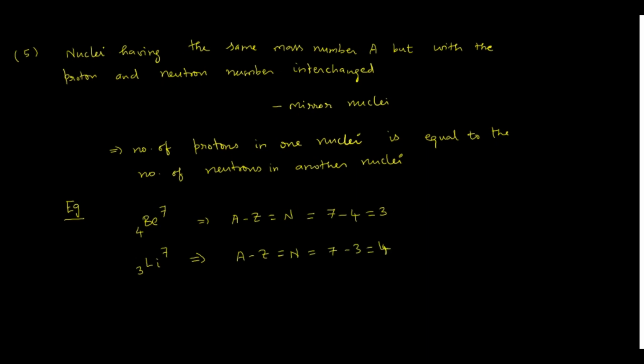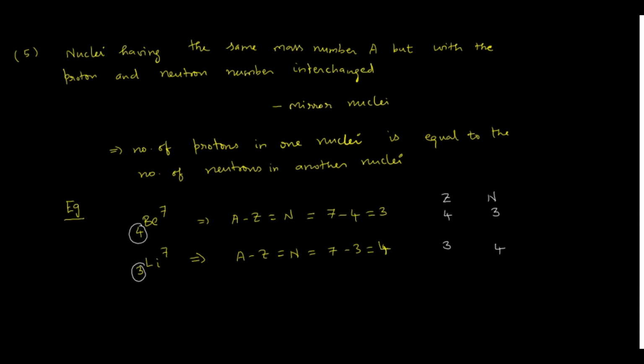Notice that in the beryllium case, the atomic number is 4 and the number of neutrons is 3, whereas in the lithium case, the atomic number is 3 and the number of neutrons is 4.